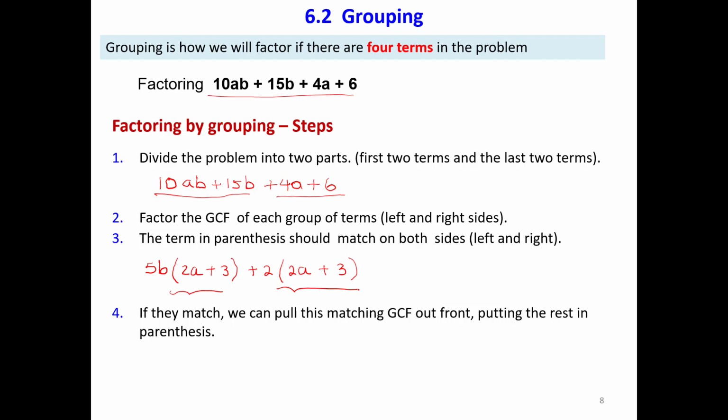We write 2a plus 3 in front, and then put what is left inside. If we pull 2a plus 3 in front, then what is left is 5b in the first part, plus 2 in the second part. Then this is the result.